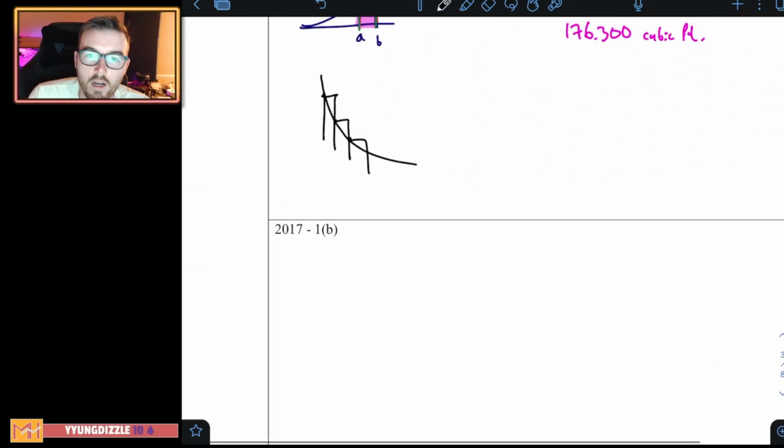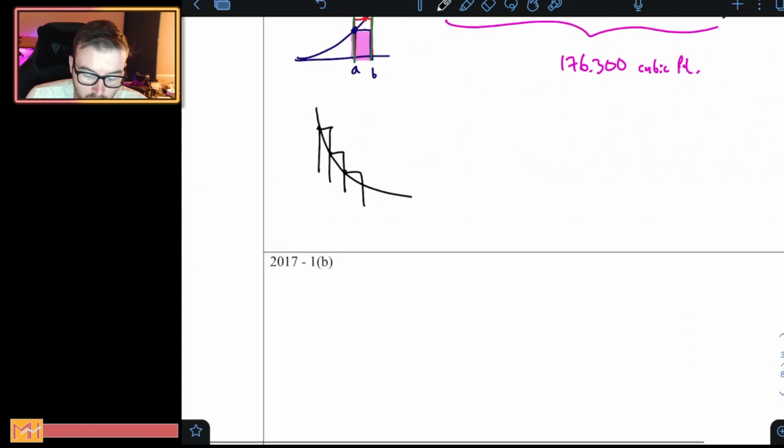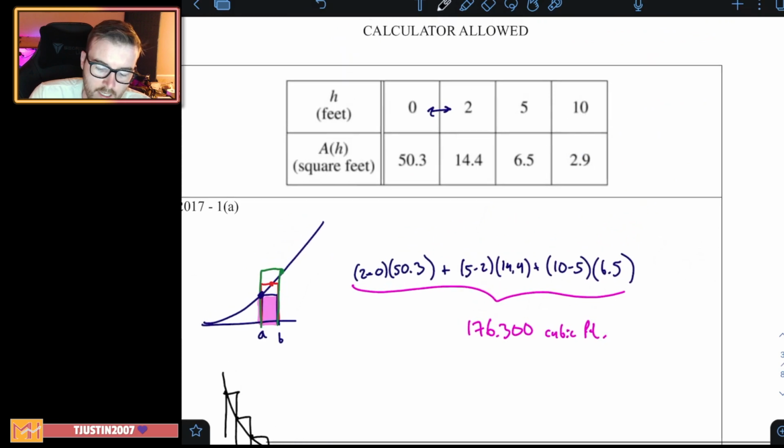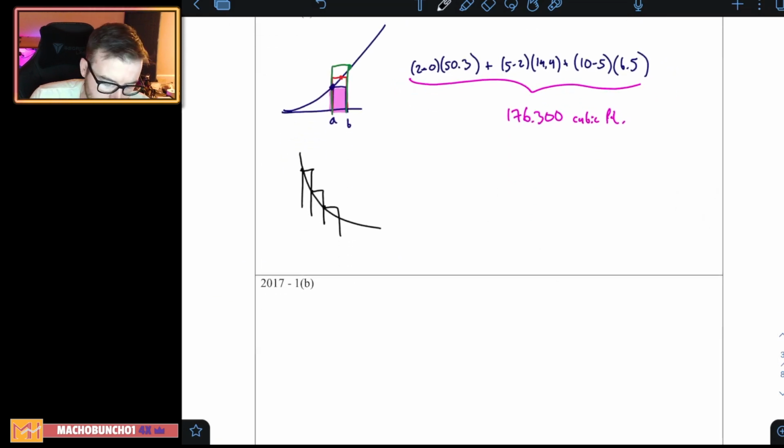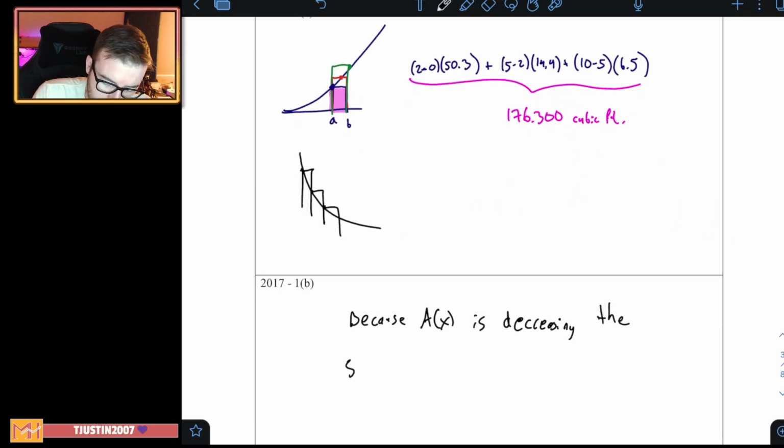So we're trying to figure out, is our function increasing or decreasing? Well, each of the a values are decreasing. So because a of x is decreasing, the sum overestimates the volume. Okay?